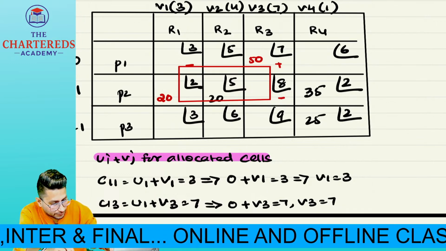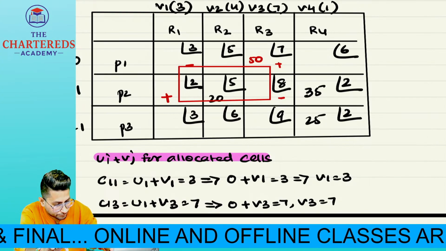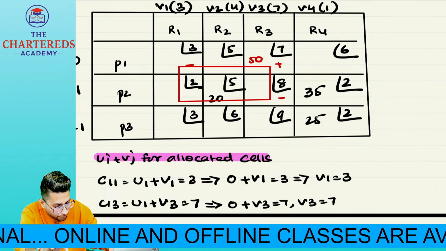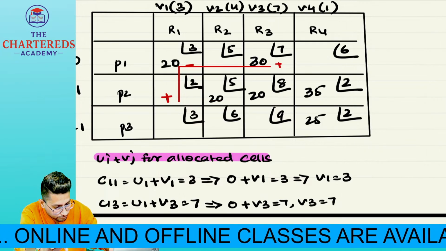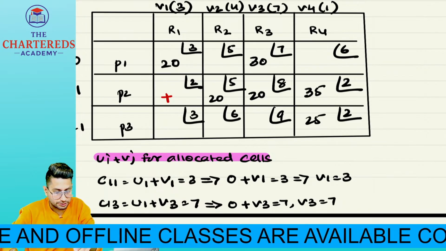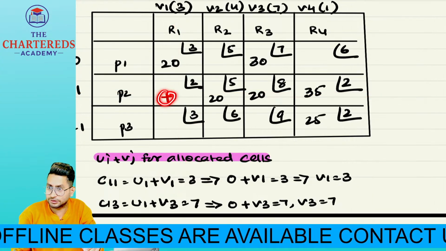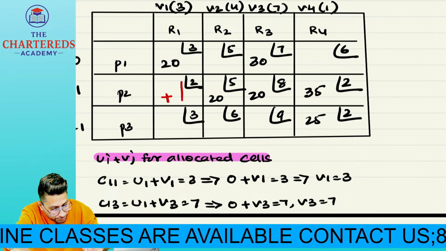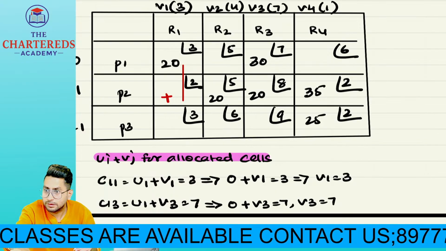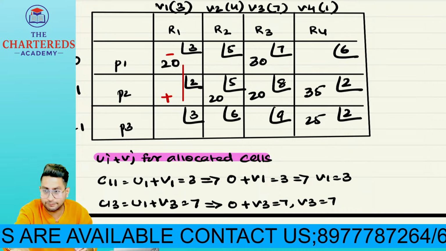Okay. 1 minute. The entire loop? Okay. So where do we have to start the loop? See, second row, first column, right? Here what did I put? Plus. Now, can I go here? Why? Because it is an allocated cell. Because I'm coming here, I will put minus.